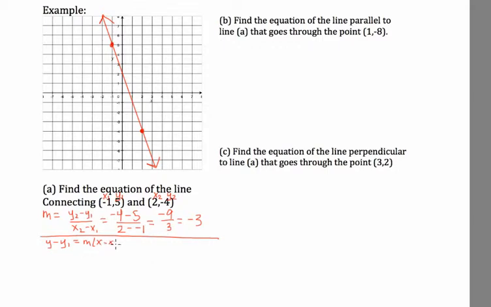Then I'll sub out m, y1, and x1 for the numbers from my problem. The y-coordinate of one point on our line is 5. I'll use that. Equals the m number is -3. And the x1 is -1.